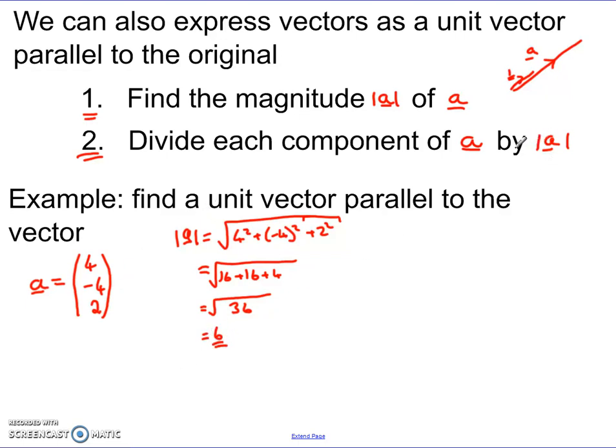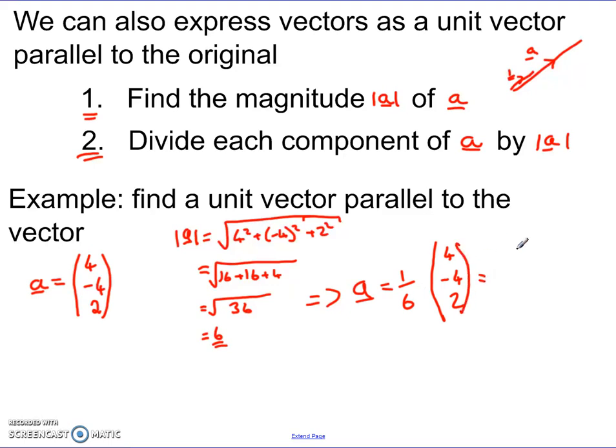What we then want is to get the unit vector parallel to this. So what that then means is I could take my vector A and divide every component part in it by this, i.e. I can take my vector A and do 1/6 of it, times the whole thing by 1 over the magnitude. So it's going to be 1/6 of (4, -4, 2).